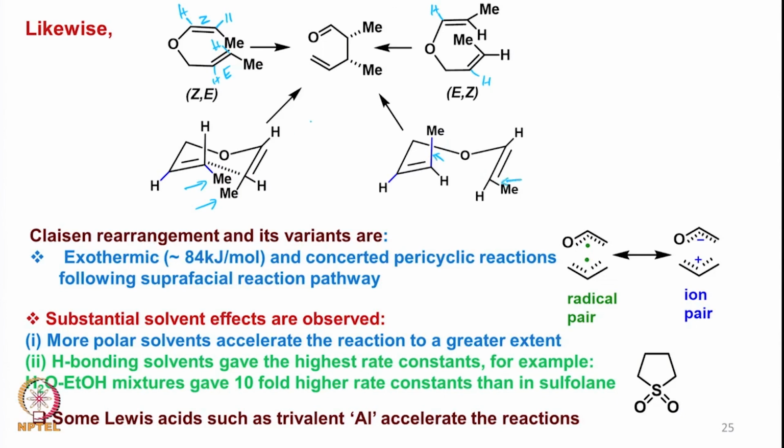So basically cis to each other, and here also they will be cis to each other. It does not really matter up or down in this particular case, because this is a racemic molecule.